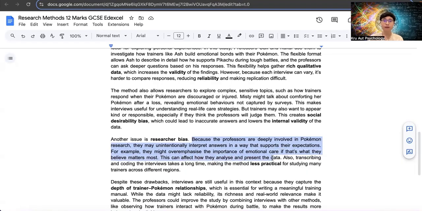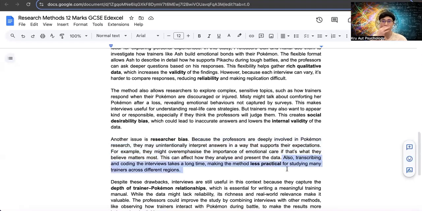After transcribing, that's it for AO2. And then AO3, because we already mentioned something about researcher bias that's linked to the scenario. In AO3, also transcribing and coding the interview takes a long time.